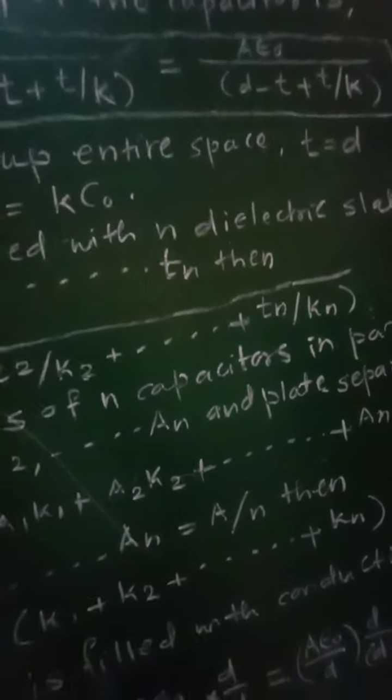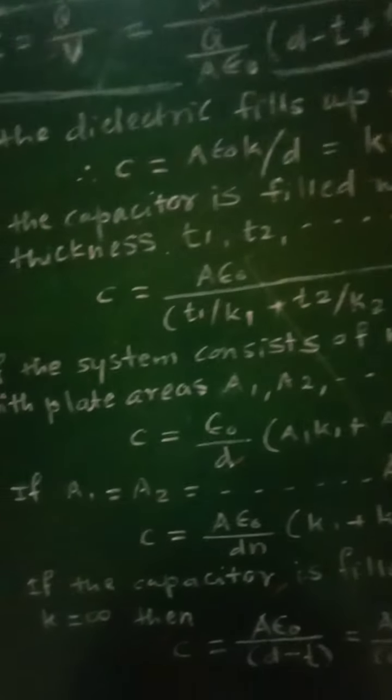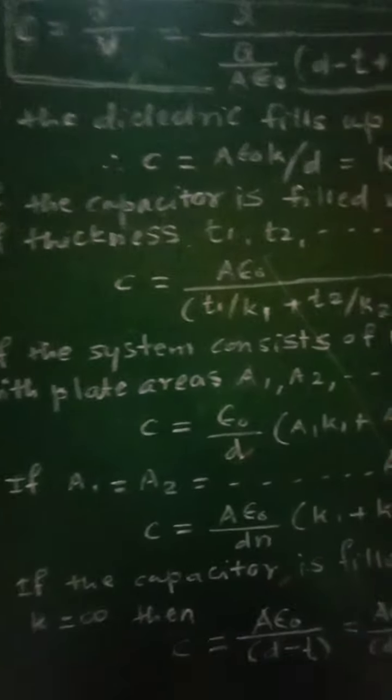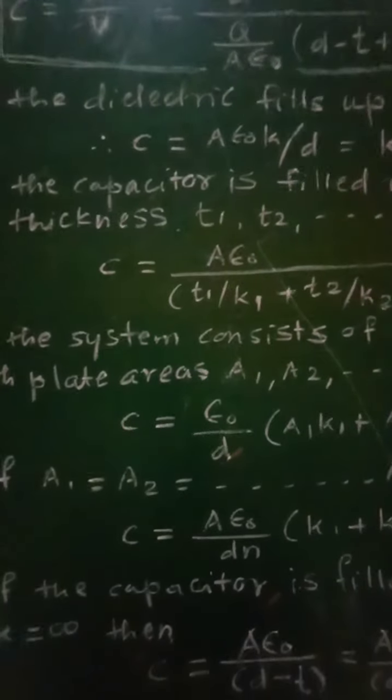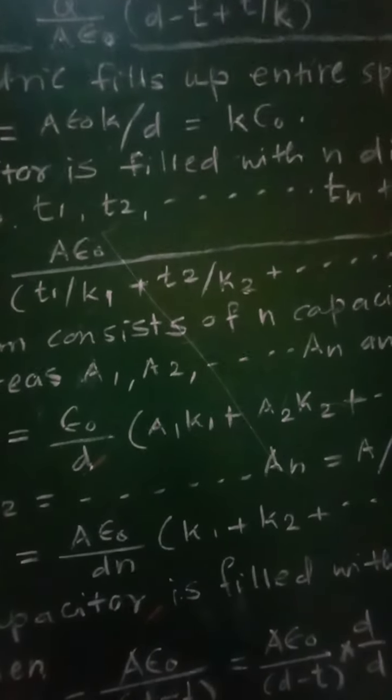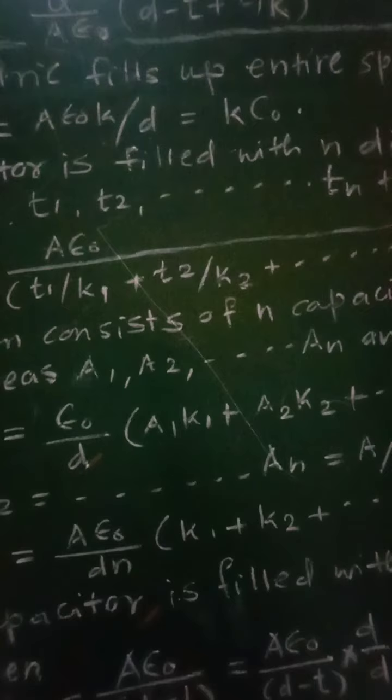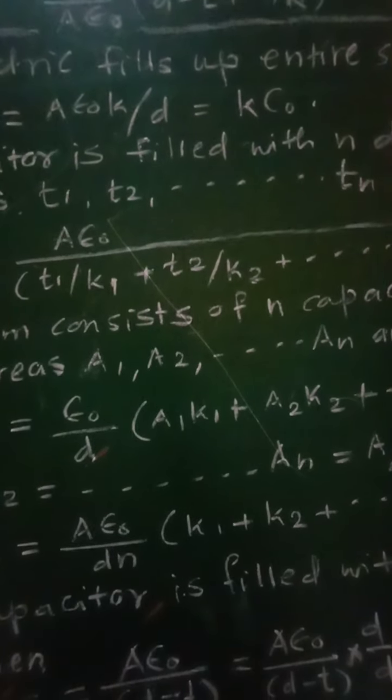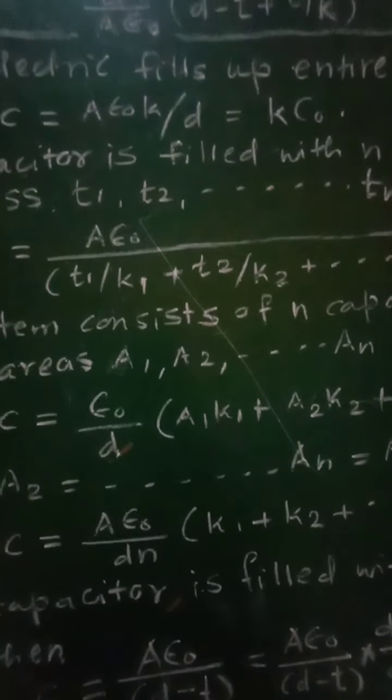Both these distances will be the same, and hence capacity C will be equal to A epsilon 0 k upon d, that is equal to k into C0, where C0 is the original capacity, that is A epsilon 0 upon d.